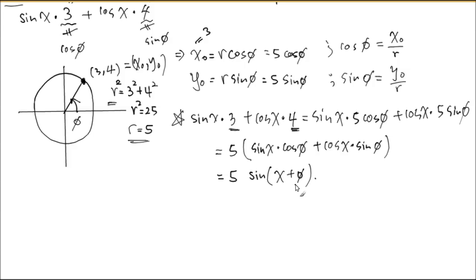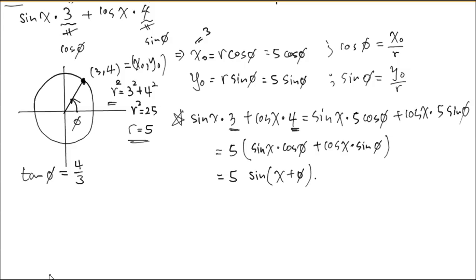But if you have to figure out what this phi is, since we're staring at it here, we can actually approximately calculate it, right? Once you plot this point like this, the best way to calculate phi is computing the tangent phi. So what is the tangent phi here? 4/3, y-coordinate divided by x-coordinate.